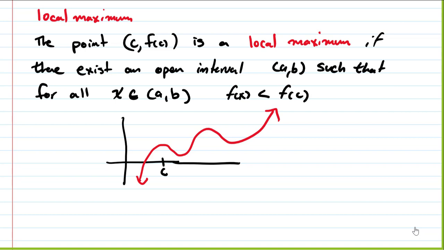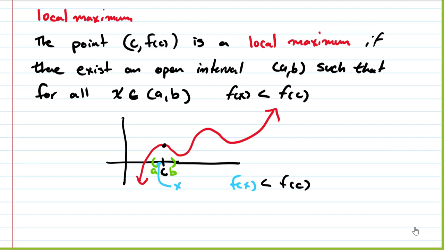Our definition says if there exists any open interval (a, b), doesn't matter how big it is, in fact it can be infinitesimally small, such that for every x in that interval, f(x) is less than f(c), then it's a local maximum.